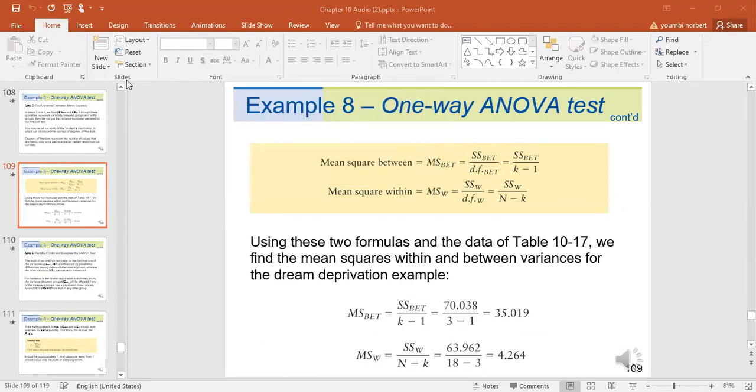Then we go to Data Analysis and we choose ANOVA single factor, and we click OK. Are you here with me? I'm going to highlight, look at what I will do.